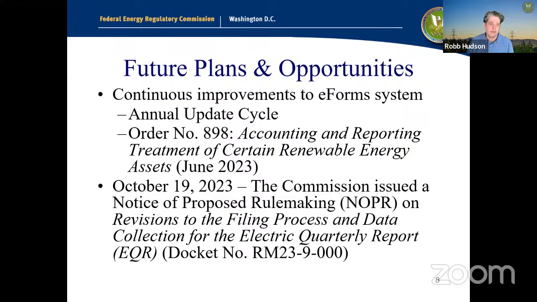We're working on Order 898 right now, implementing some new accounting changes to the forms, specifically about certain renewable energy assets. And then my team, the smallest branch that I'm in, has issued a notice of proposed rulemaking for our electric quarterly reports.